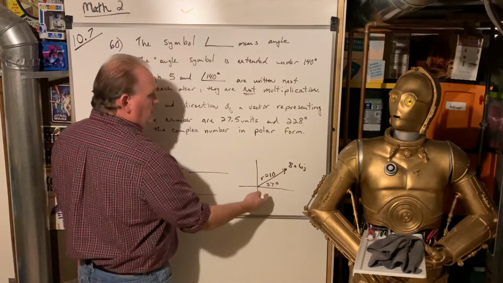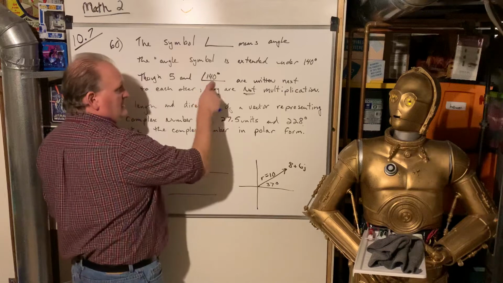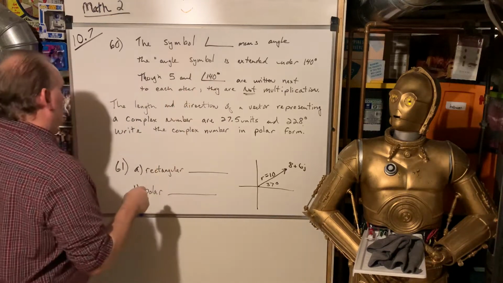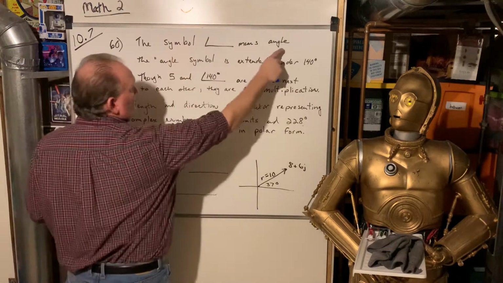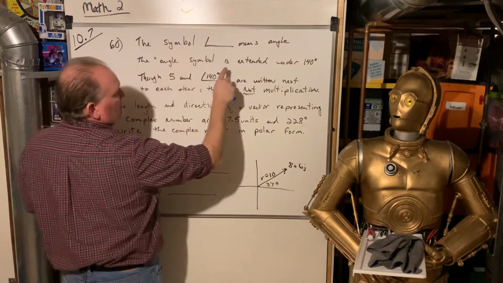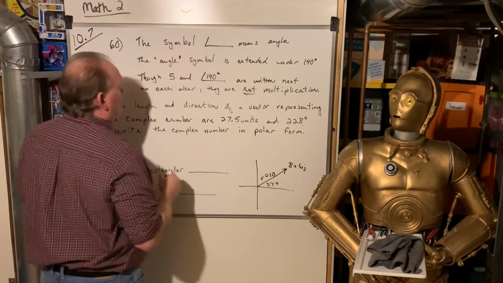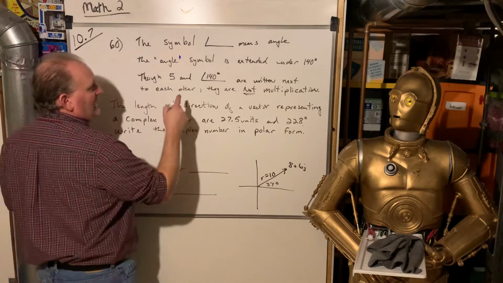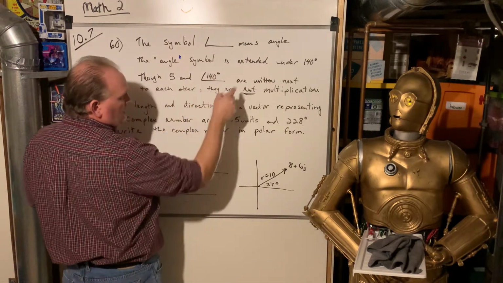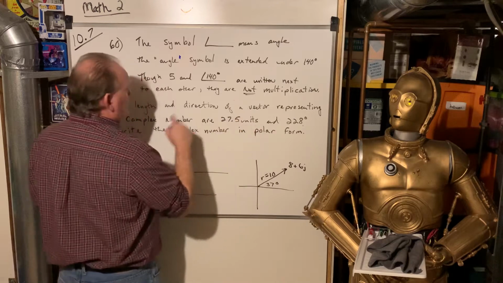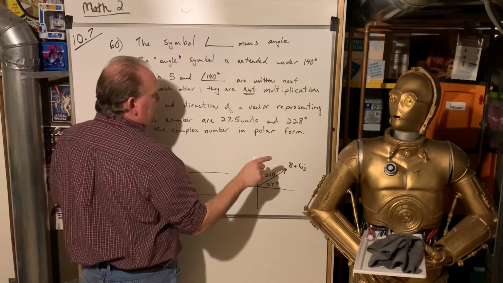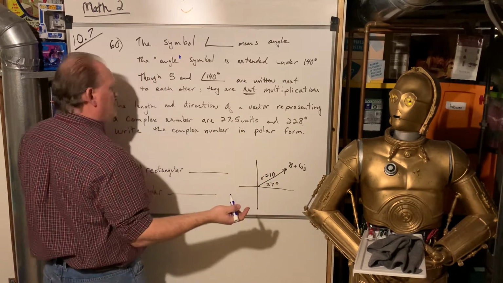To convert to polar form, you use the angle symbol. The 5 and the little angle 140 degrees are written next to each other. It doesn't mean multiply. It's just a shorthand, basically.